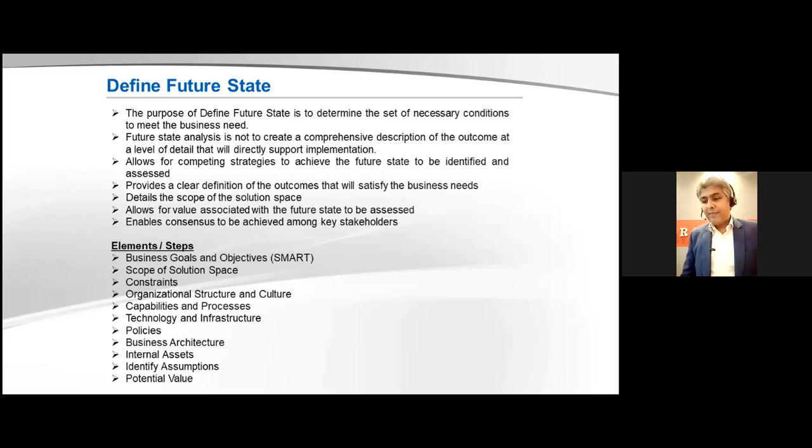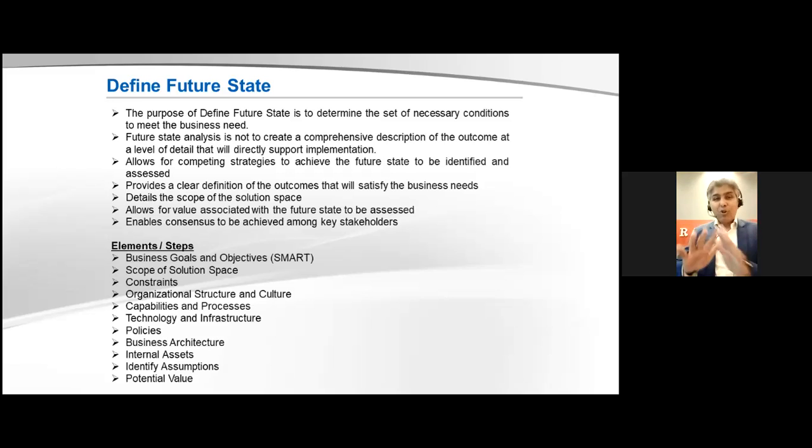Okay, so allow for competing strategies to achieve the future state to be identified and assessed. The major objective of defining the future state is to put forward the maximum options that could solve the problem. One approach could be making your own solution. Another could be automating, or process enhancement, or maybe just moving from paper to Excel, or business process improvement.